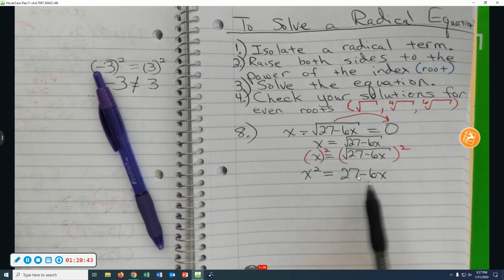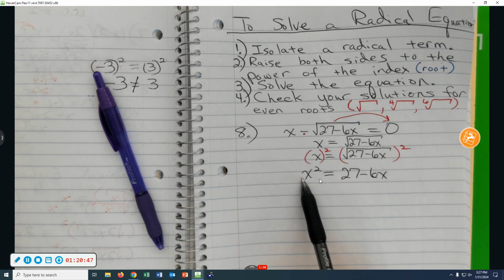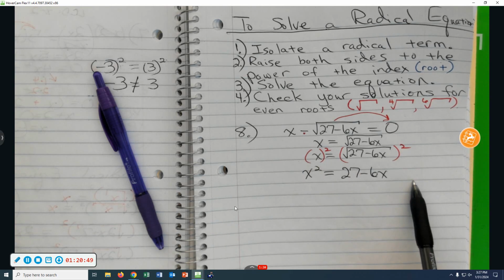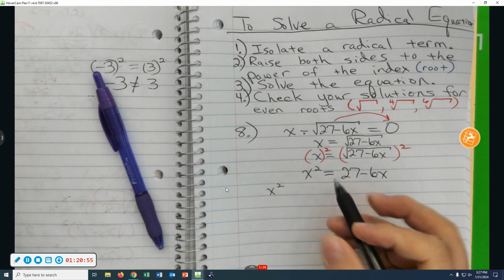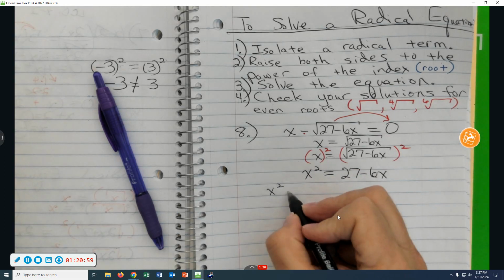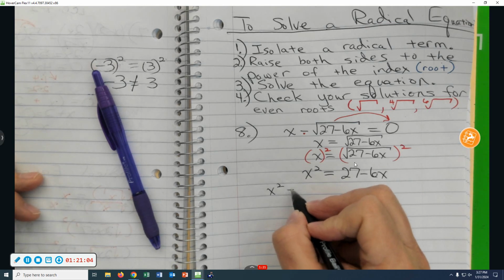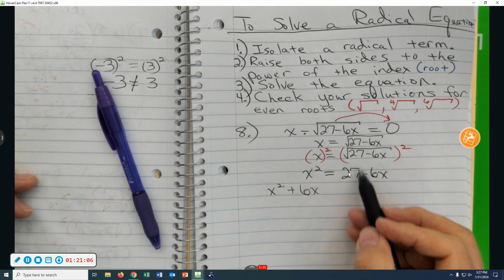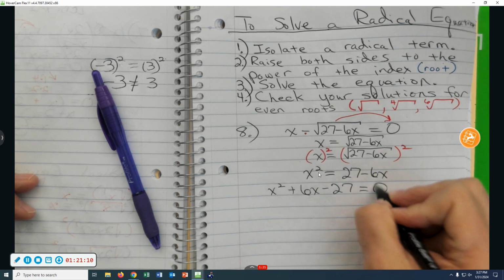On the right side. I don't want to pick up this x squared and move it over here, because that positive 1x squared would become negative. So we'll leave the x squared on the left. Let's write it in standard form. We have x squared, move over the x term, that's going to give me plus 6x minus 27 equals 0.